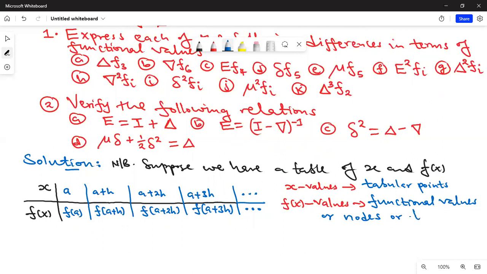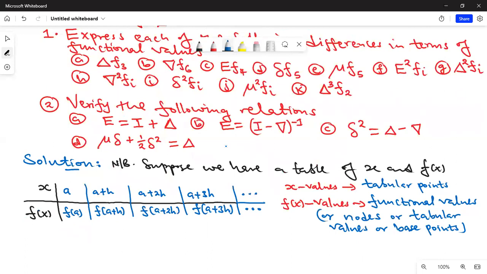Let me call it tabular values. Or functional values, or base points. So this one has four names: functional values, nodes, base points, tabular values.